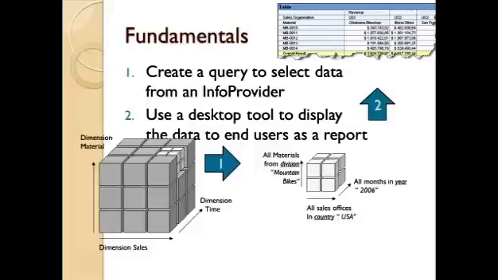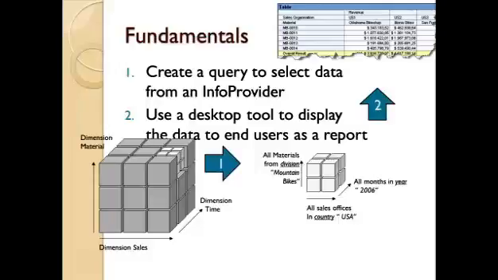For instance, on the right-hand side, you see that the user is trying to get the data for a particular material, mountain bikes, for a particular year, 2006, and in the sales office in the United States. That is called slicing and dicing, all part of OLAP operations, which we'll talk about in more detail later on.